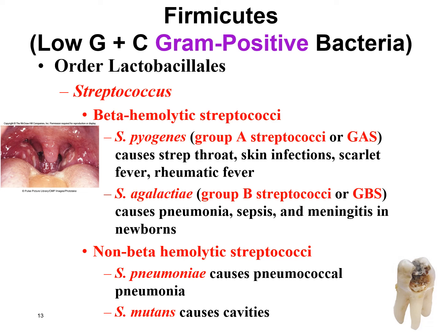And then if you're going into dentistry, Streptococcus mutans is a cause of cavities. You can see this tooth over here has a rather large cavity in it that was caused by Streptococcus mutans.